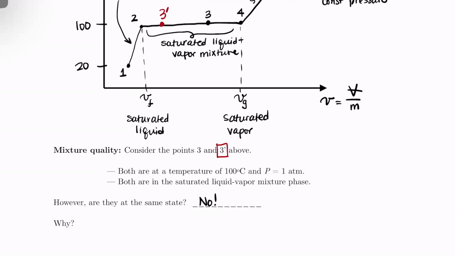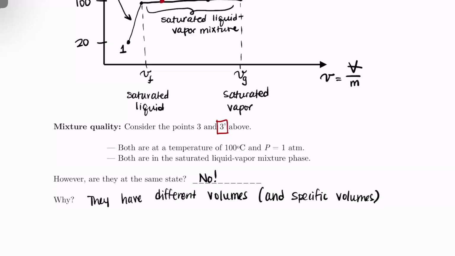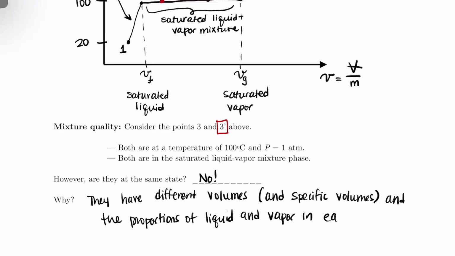The reason is they have different volumes and therefore specific volumes, and the proportions of liquid and vapor in each mixture are different.